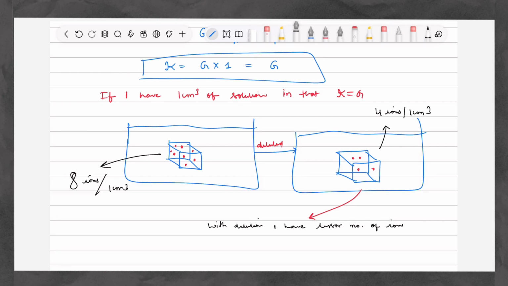So if I get lesser number of ions in that 1 centimeter cube of cell, then we will have lesser conductivity value. With dilution, I have lesser number of ions, so kappa, that is conductivity, is decreasing.